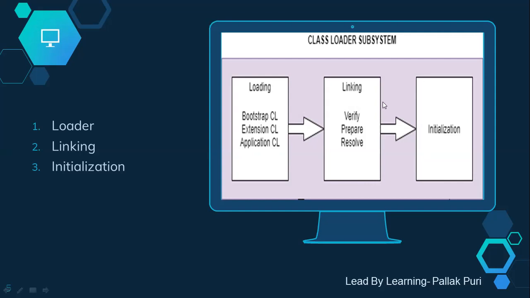Next we have the linking phase, in which we have three further phases: verify, prepare, and resolve. And the last one is the initialization phase. Once the initialization phase is done, we can say the classes are loaded into the JVM, right?